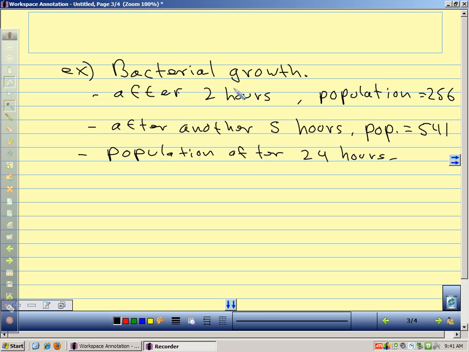Now, our bacterial growth is an exponential model. So our model is going to be y equals ae to the bx. We don't know a or b. We're going to have to use the numbers that we're given to figure out a and b.